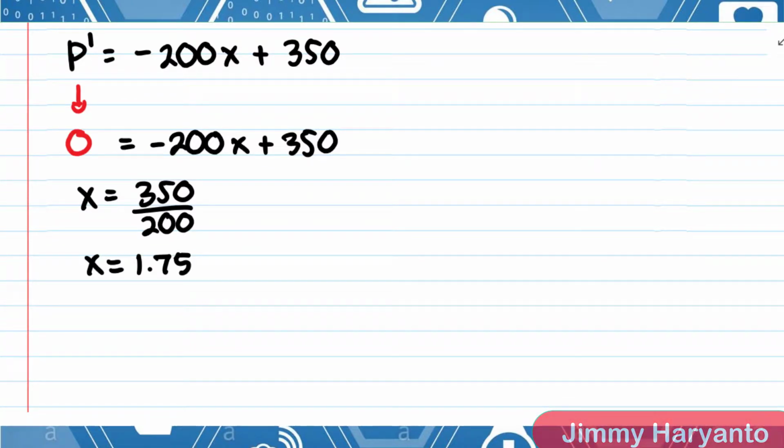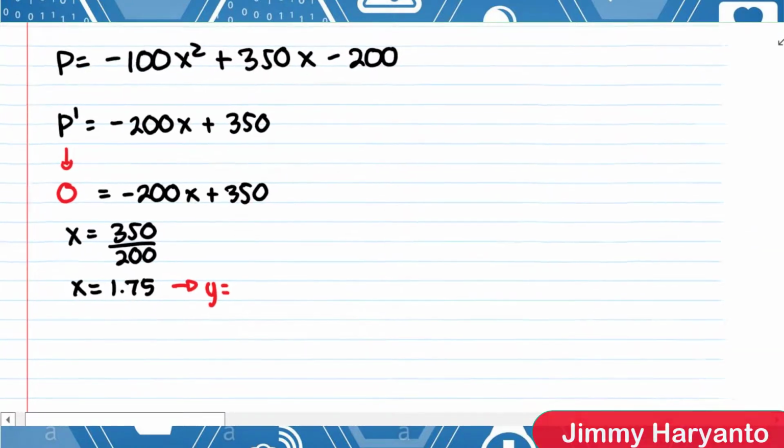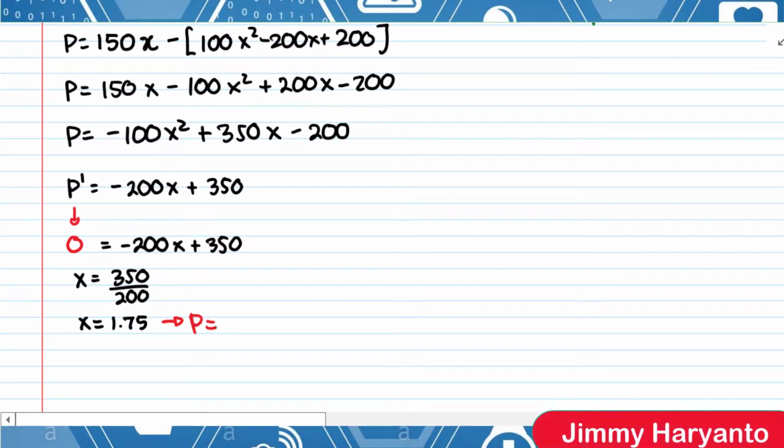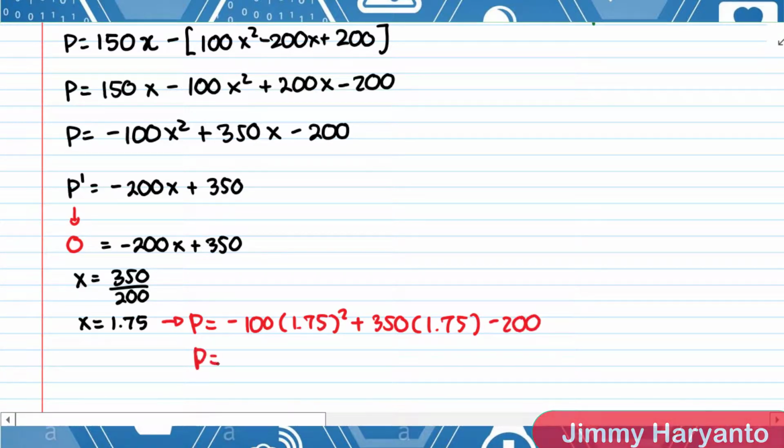So x equals 1.75, and that means the profit will be negative 100 times 1.75 square plus 350 times 1.75 and then minus 200.